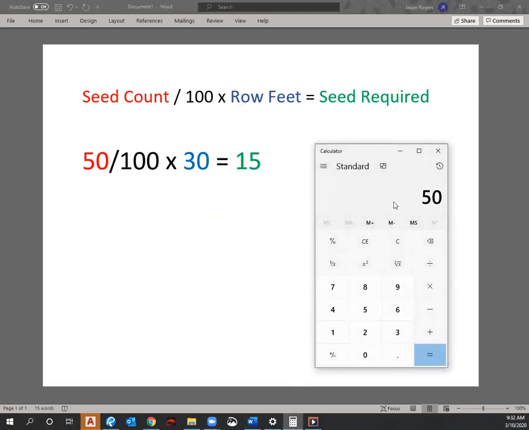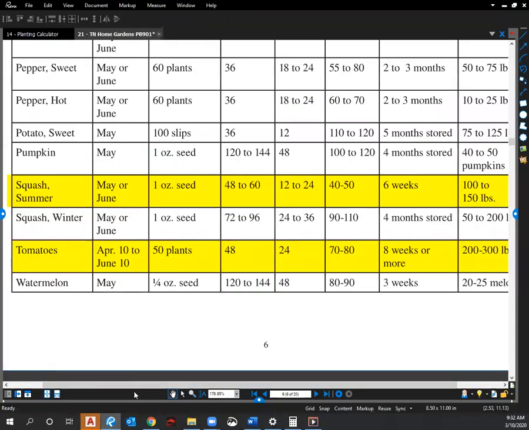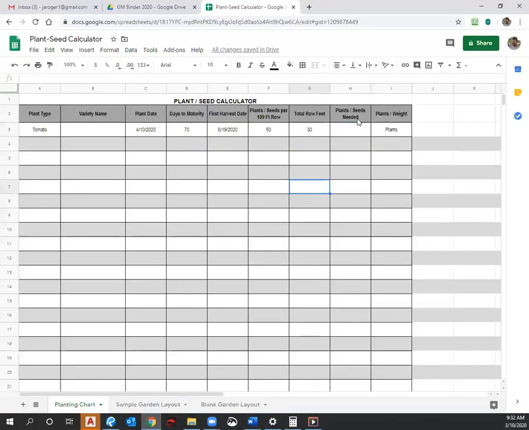Let's see, 50 divided by 100 equals 0.5 times 30, 15 plants. So I just write 15 plants in there. Here's the equation if you're doing the spreadsheet, it's the same thing. So equals plants per row foot, this cell divided by 100 times the total row feet cell, V3. That gives us the same number.